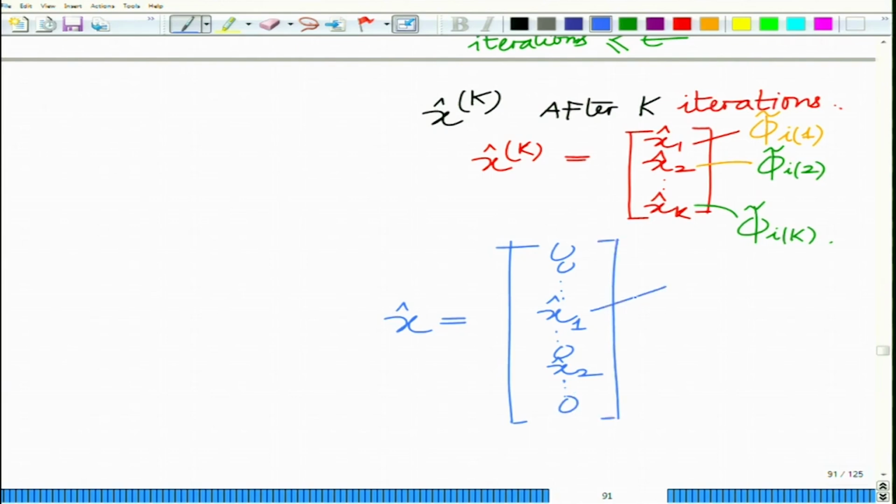So, this is at location I 1, this is at location I 2, and the rest are zeros.